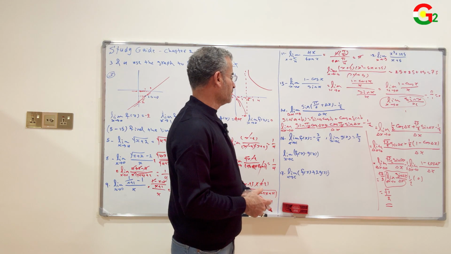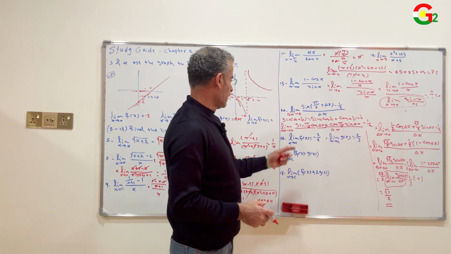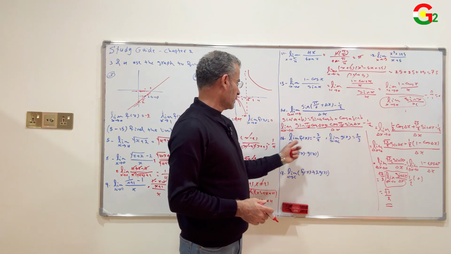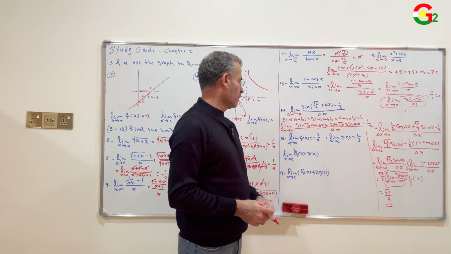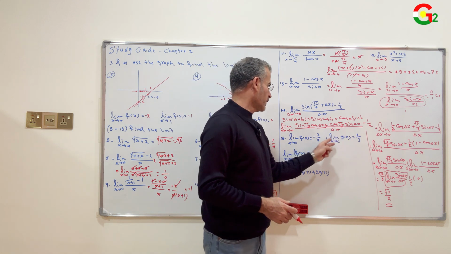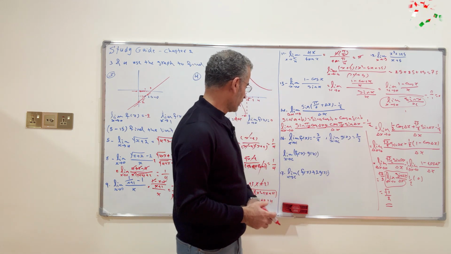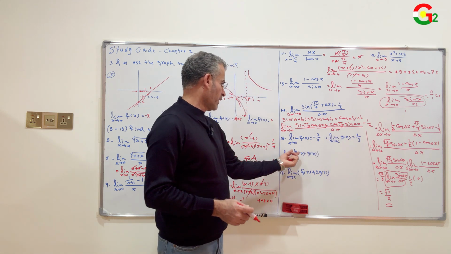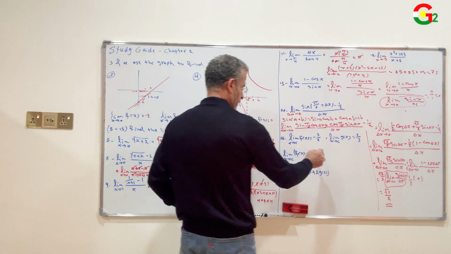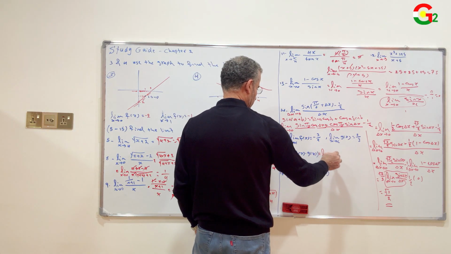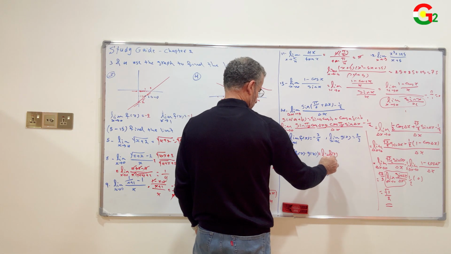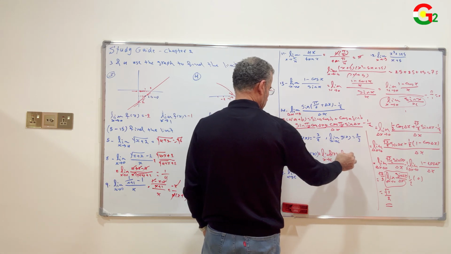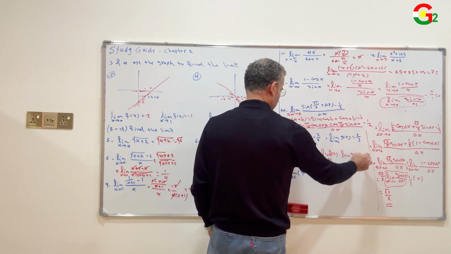Number 16: the limit of f of x as x approaches c is negative 3 over 4, and the limit of g of x as x approaches c is 2 over 3. Find the limit of f of x times g of x, which equals the limit of f of x times the limit of g of x.